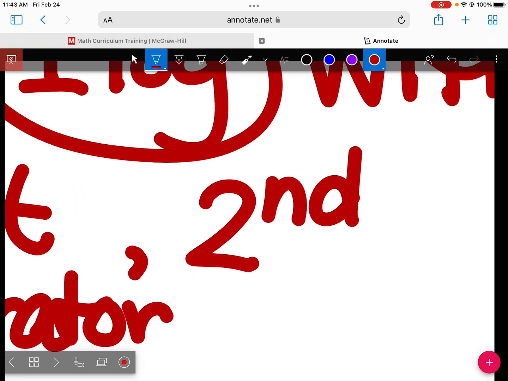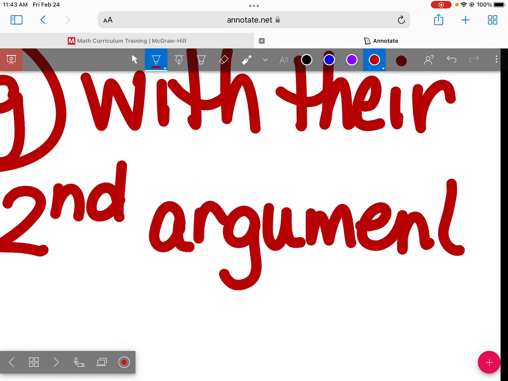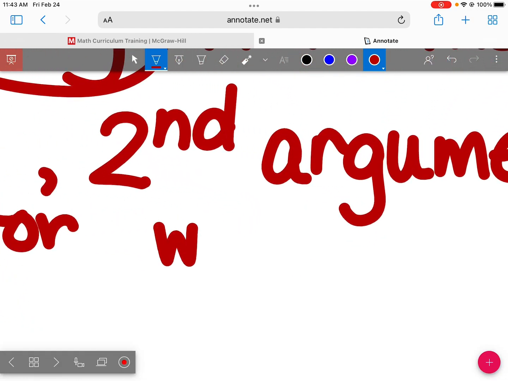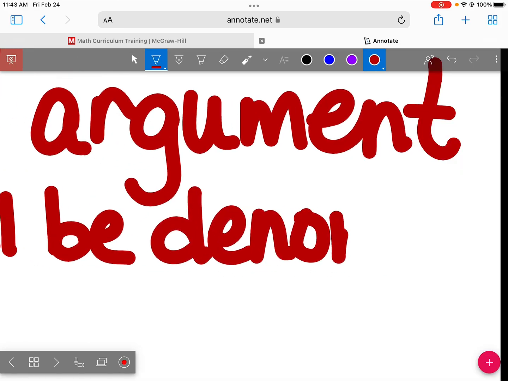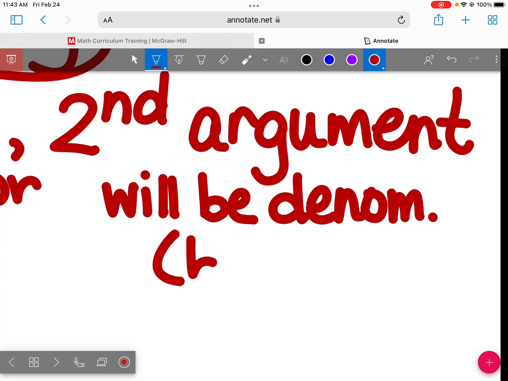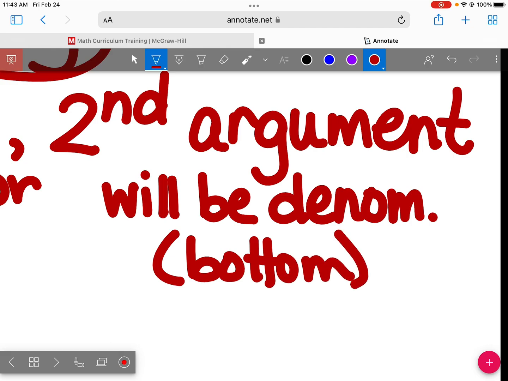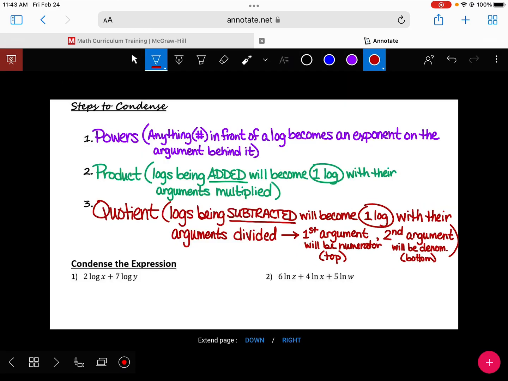The second argument will be the denominator, or the bottom of the fraction. All right, I know I got a lot of words up there, but I want to make sure that you guys have something to look back at as we practice this, to know what we're looking for, and once we found it, what do we do with it?